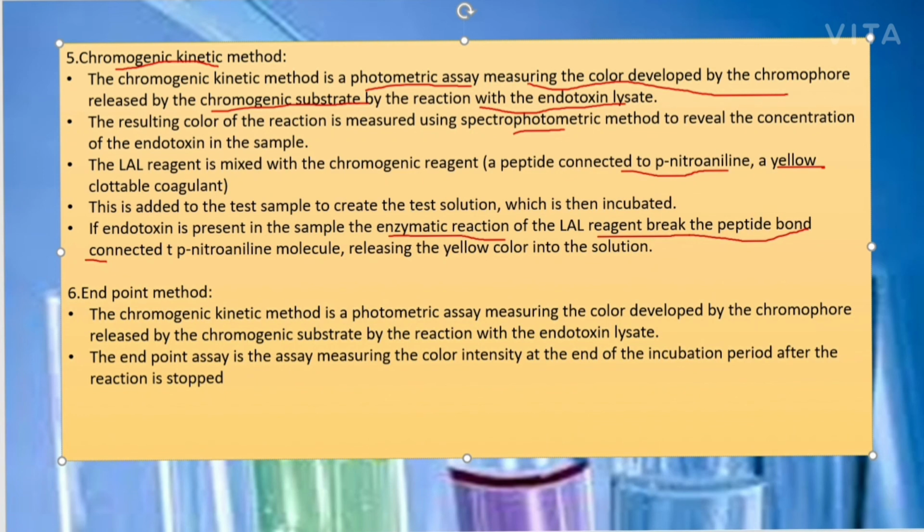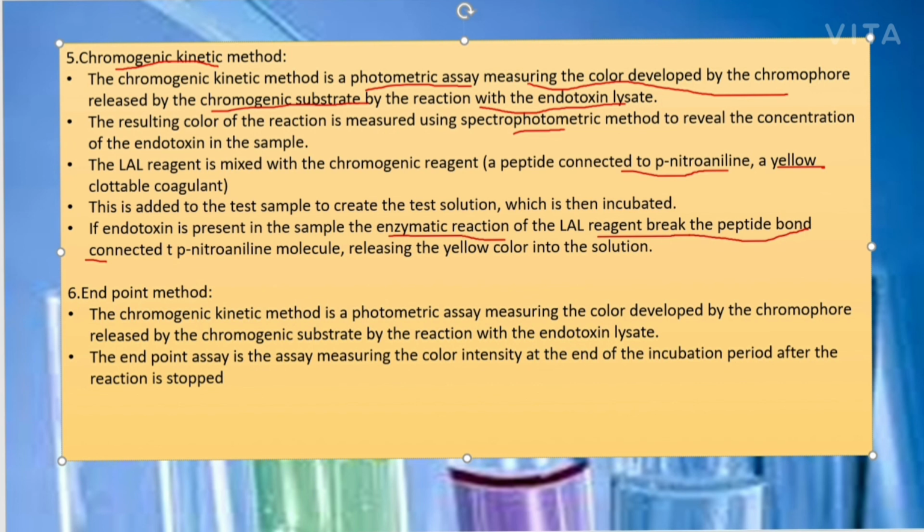Now let us see the chromogenic endpoint assay. It is also a photometric assay which measures the color developed by the chromophore released by the chromogenic substrate through the reaction with the endotoxin lysate. In the endpoint assay, the assay measures the color intensity at the end of the incubation time after the reaction is stopped.